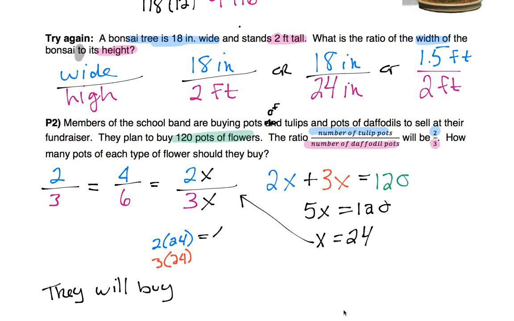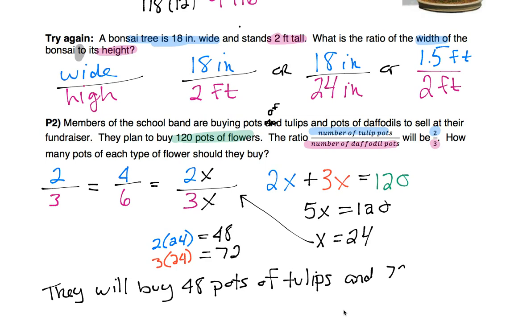So they will buy 48 pots of tulips and 72 pots of daffodils. And that should add up to 120. And it does.